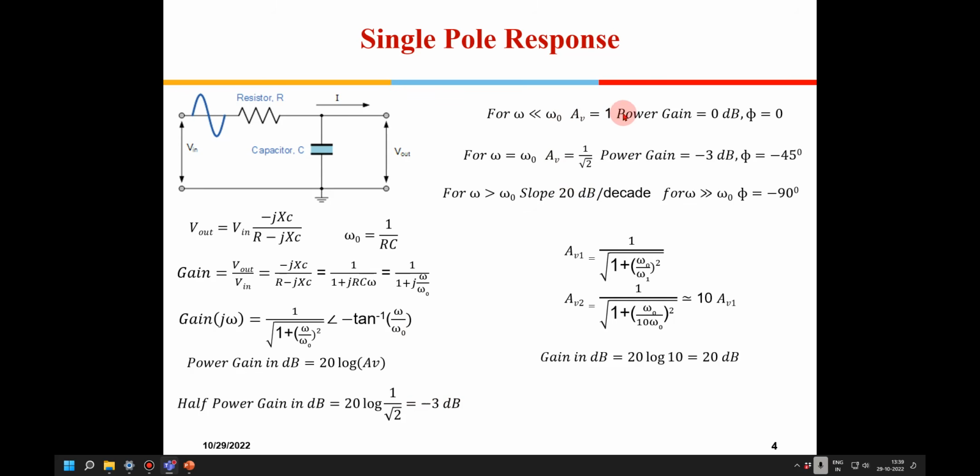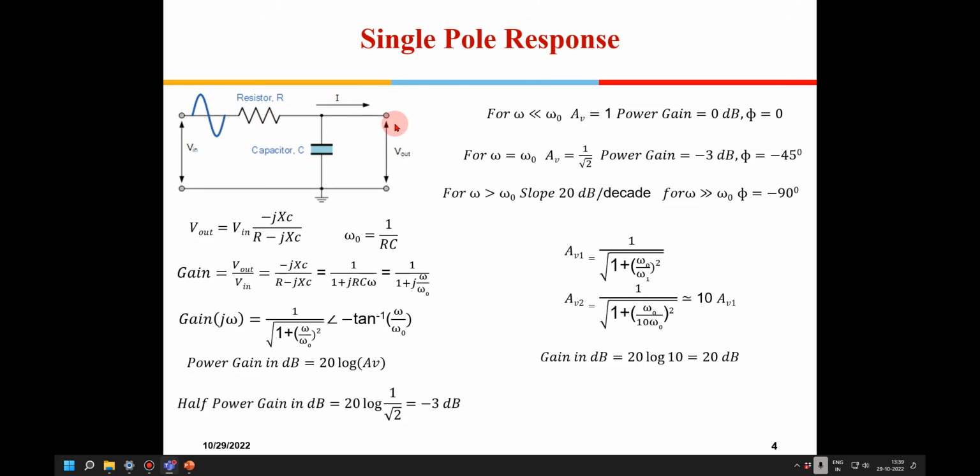Now again, some further analysis about this. When the frequency is very, very low, this is just an RC network. So omega here is 0, right? So the gain is around 1. That means whatever signal is applied here, this capacitor will act like an open circuit, so the signal will be available here, right?